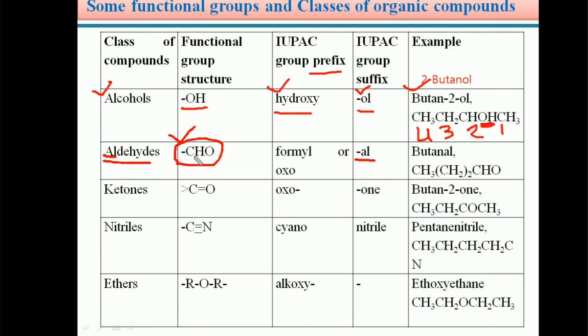In those cases the IUPAC group prefix for CHO is formyl, or you can write oxo. Formyl or oxo can be used whenever CHO is taken as a substituent. If the CHO group or aldehyde is the principal functional group, then the suffix should be AL.